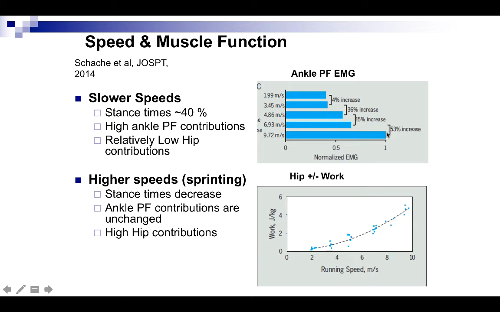The idea is that as we go from moderately fast to very fast speed, the shortening velocity of the muscle is topped out, so it can't achieve higher shortening velocities. So essentially it has to tap into the natural strain elasticity that the Achilles tendon is able to return to the task.